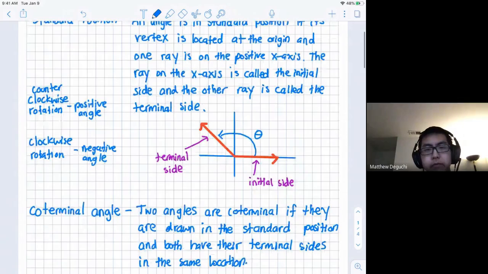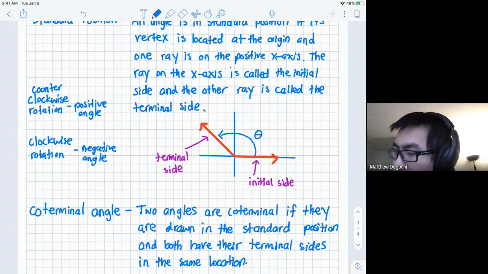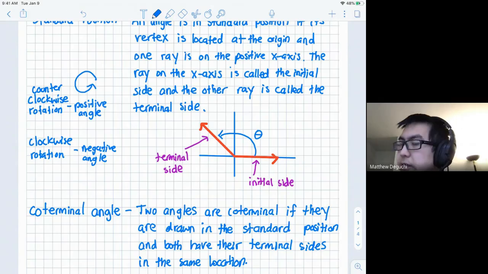So if you have a counterclockwise rotation, which looks like this, if it goes that way, that's a positive angle. If you have a clockwise rotation, that's going to give you a negative angle.